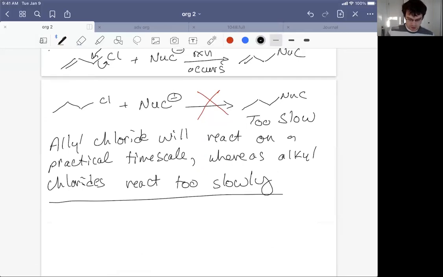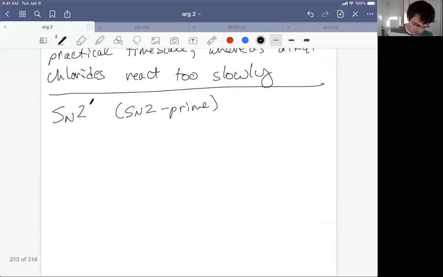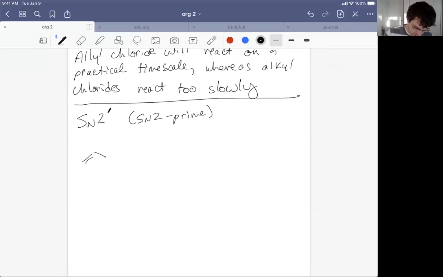Let's move right into the next reaction, which is the Sn2 prime. I'm going to put an apostrophe up there. That's the Sn2 prime reaction. This is a reaction where we see a nucleophile attack an allyl system, not at the carbon bearing the halogen, but at the carbon that is part of the alkene.